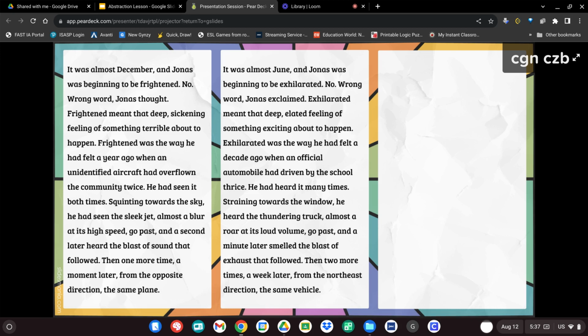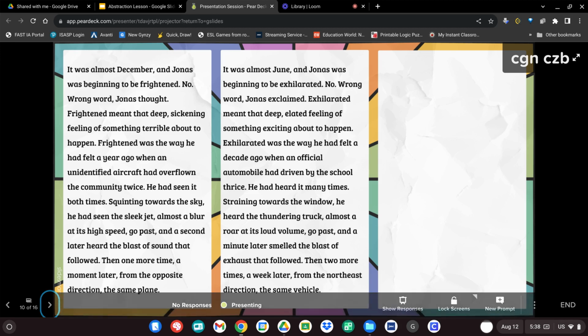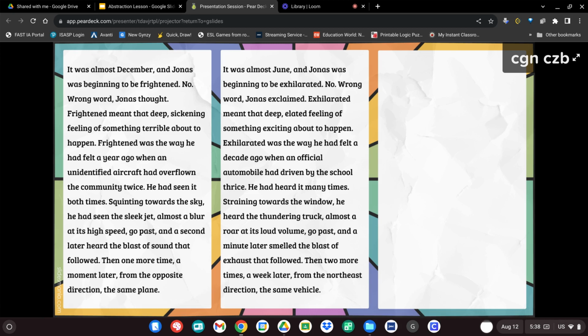Okay, so we have our first story over here. It was almost December, and Jonas was beginning to be frightened. No, wrong word, Jonas thought. Frightened meant that deep, sickening feeling of something terrible about to happen. Frightened was the way he had felt a year ago when an unidentified aircraft had overflown the community twice.